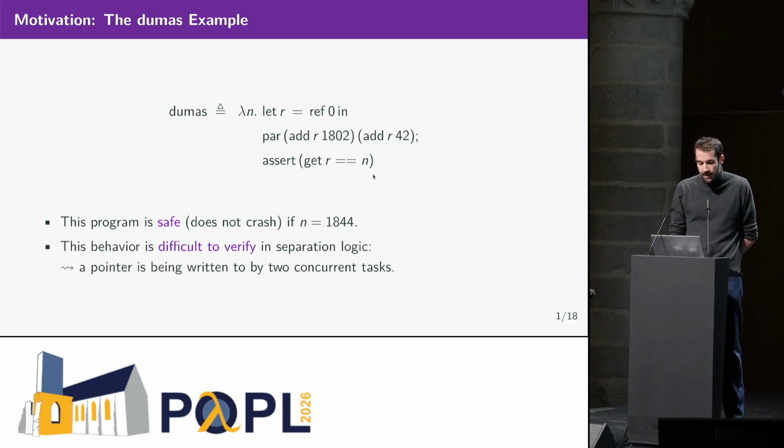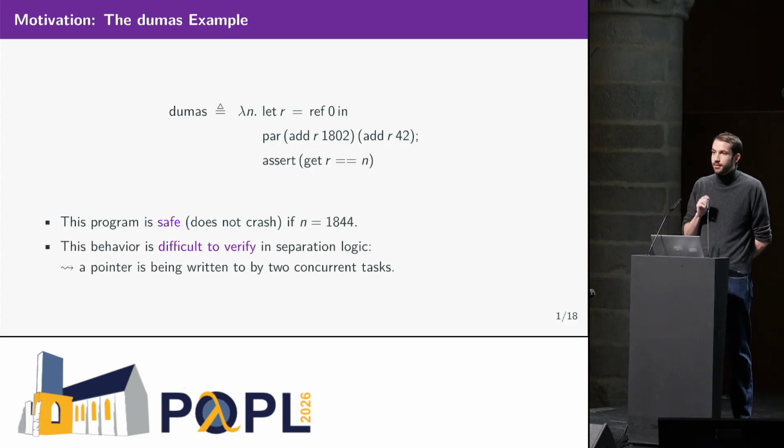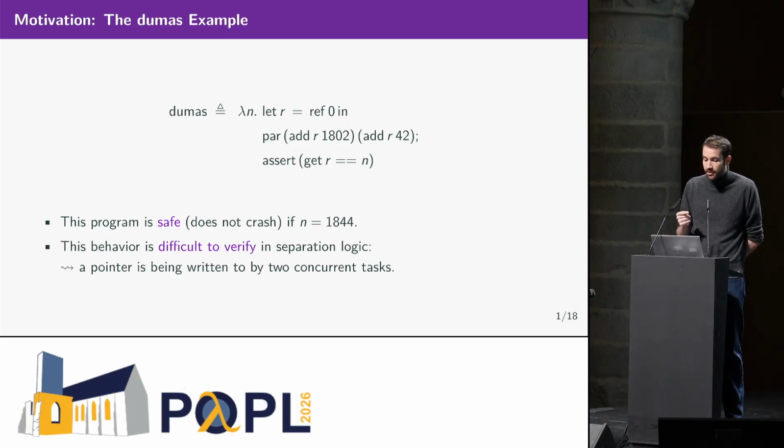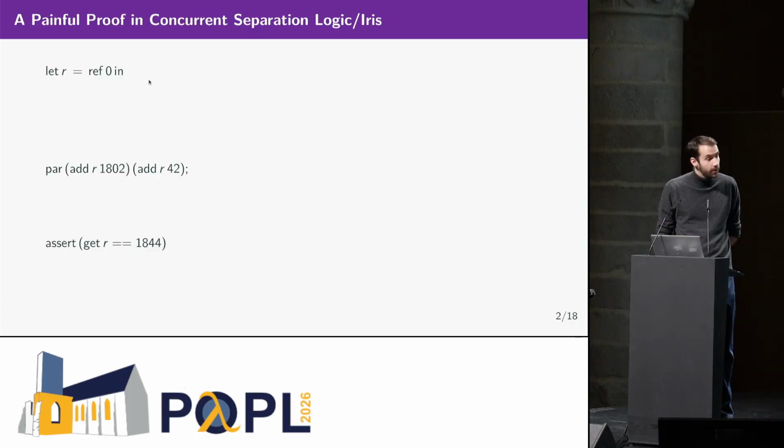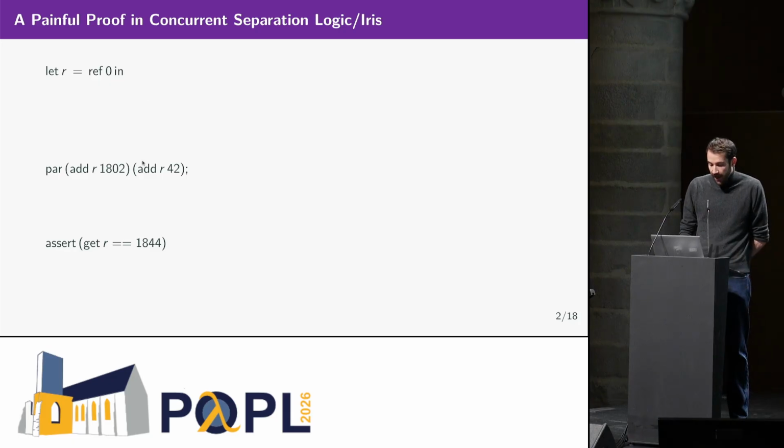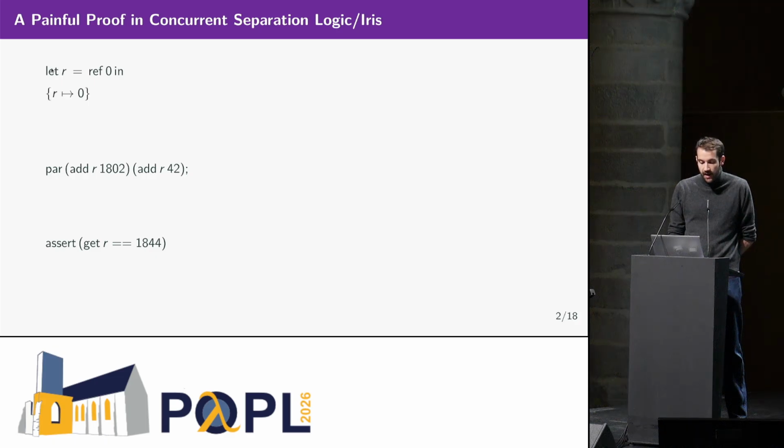The other thing we can say is that this behavior is difficult to verify in separation logic. Indeed, you have a pointer, r, that is being written to by two concurrent tasks. Let me show you the proof. So it's the same program with more space. In separation logic, first, when we allocate this pointer here, we get a points-to assertion. So we have that r points to 0.